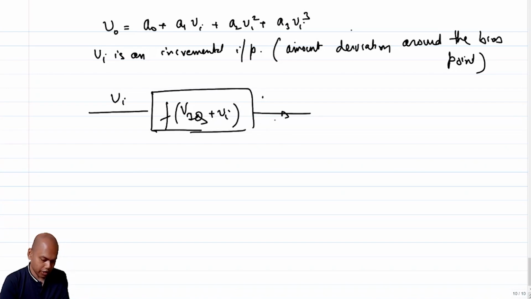So this output is whatever this A0 plus A1 Vi plus A2 Vi square plus A3 Vi cube and so on. But if I do a Taylor series expansion of VIQ plus Vi around VIQ, what do I get?